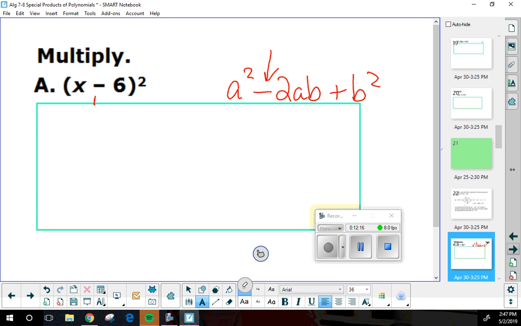Look what's right here. That's your clue. We take the first term and square it, the last term and square it. What is 6 times x? 6x. Double that, you get 12x. The only difference is we put a minus sign. How are you going to remember to put the minus sign? Because it has a minus sign in it.